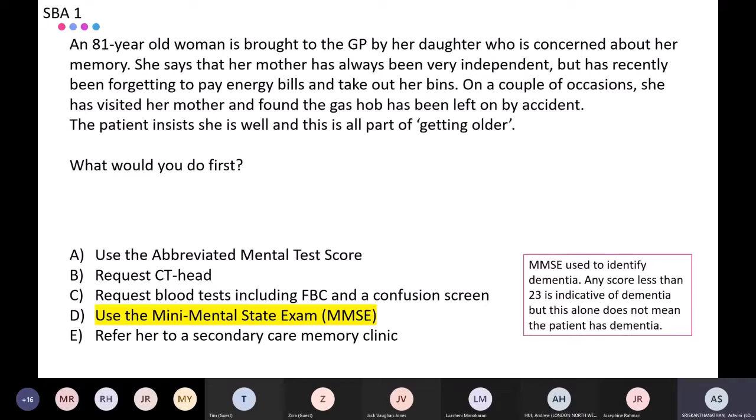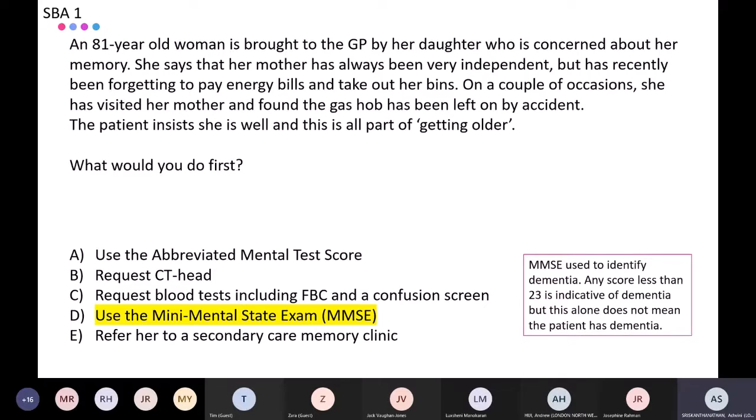It's a bit longer, and you score about 30 points in it. Any score which is less than 23 indicates a likeliness of having dementia, but this alone isn't enough to diagnose someone with dementia. And all these other things you would eventually do as well.